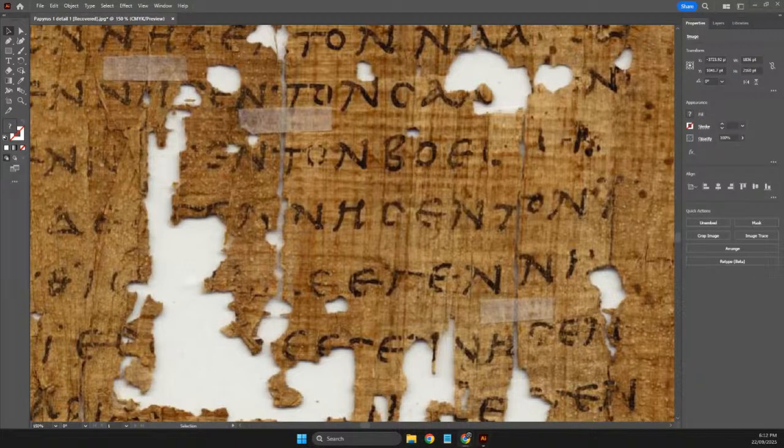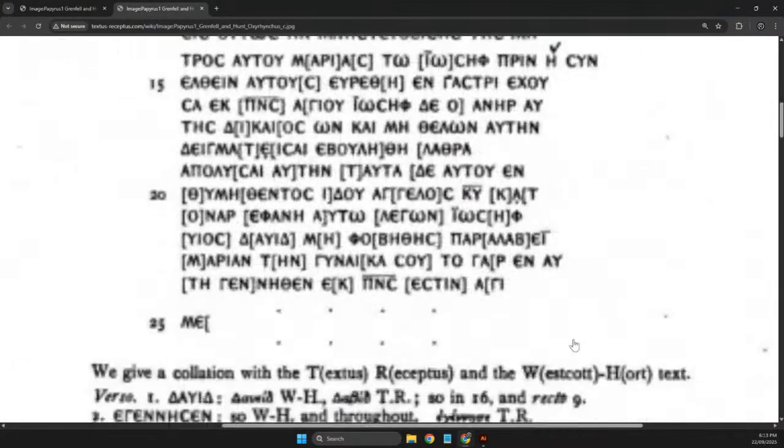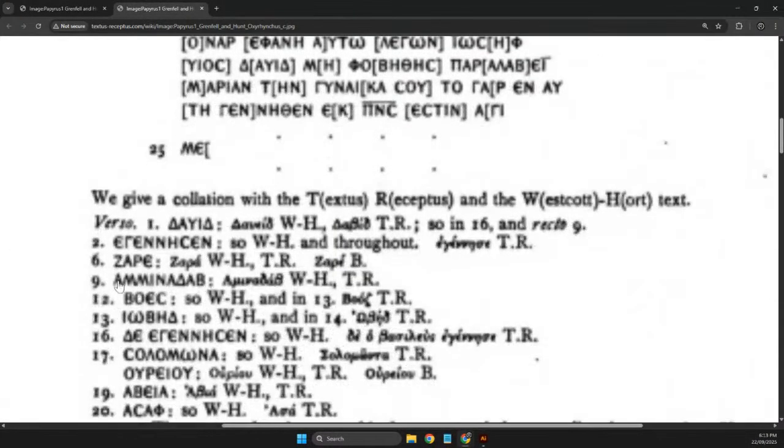So let's look at, oops, I'm opening things that I shouldn't open. There we go. So this one here, Boes. So the Textus Receptus has Boaz. So this has Boaz.